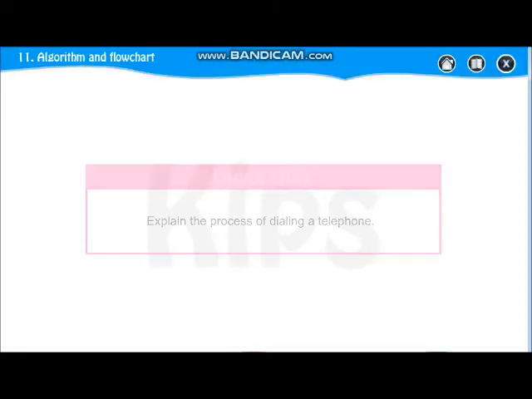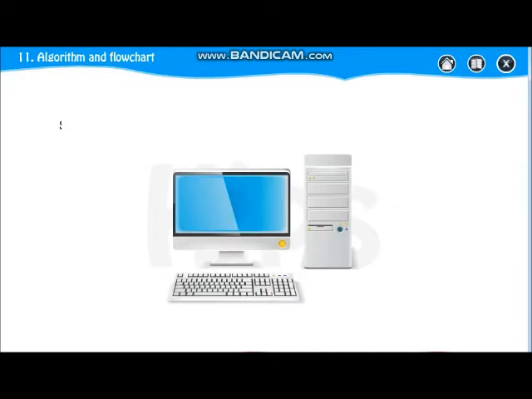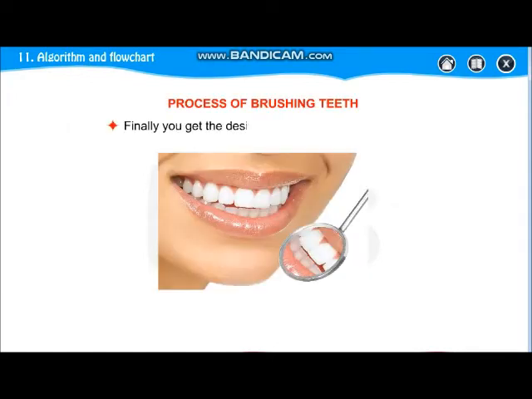Now quickly explain the procedure to dial a phone to your friend. If you are going to call your friend, what will you be doing?